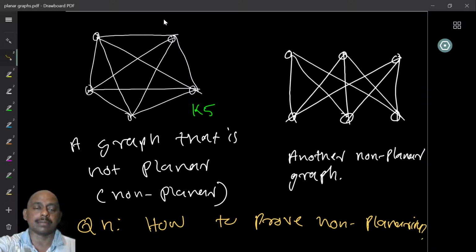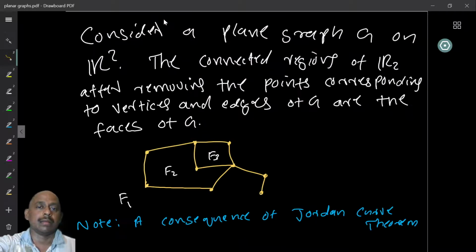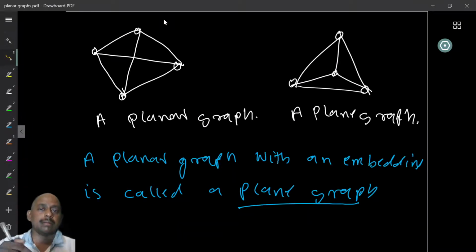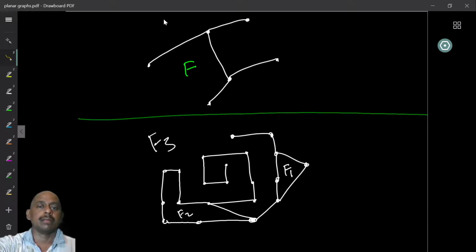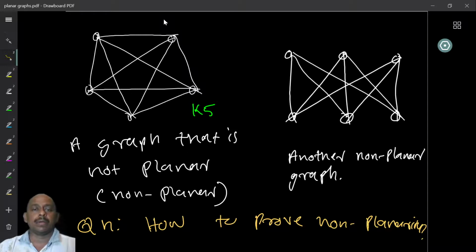So think about this. In this example, we saw the complete graph on 4 vertices, but it also had a nice plane embedding. Now, can you come up with an argument to show that the graph is not planar?